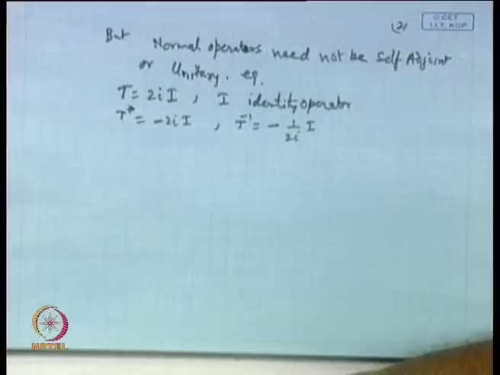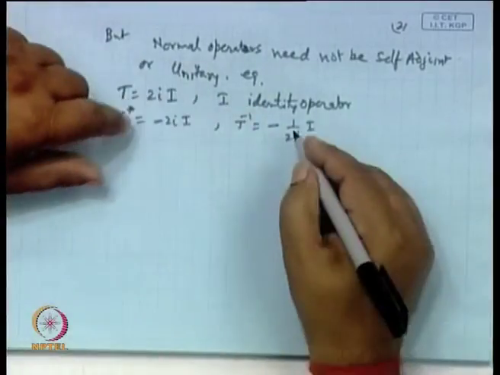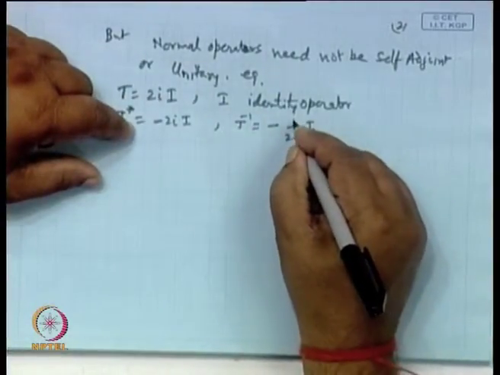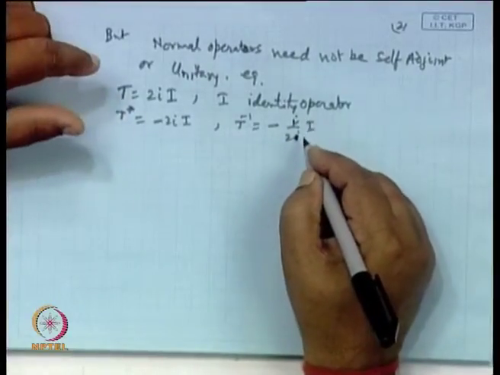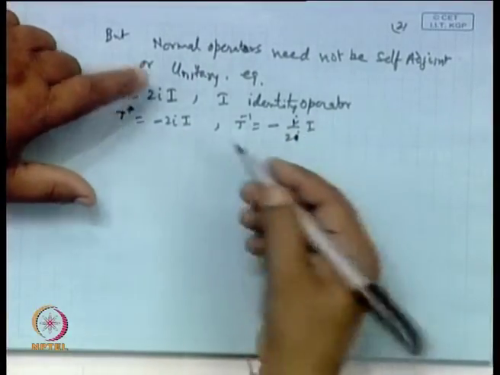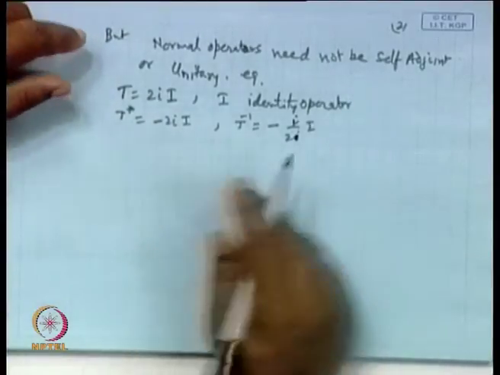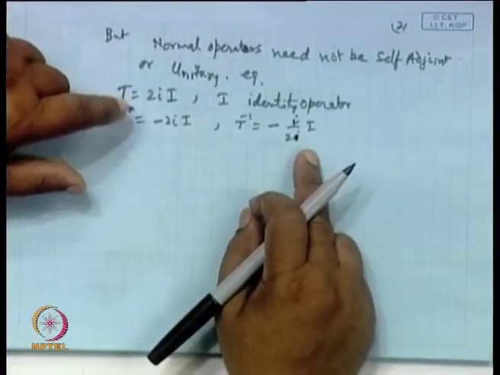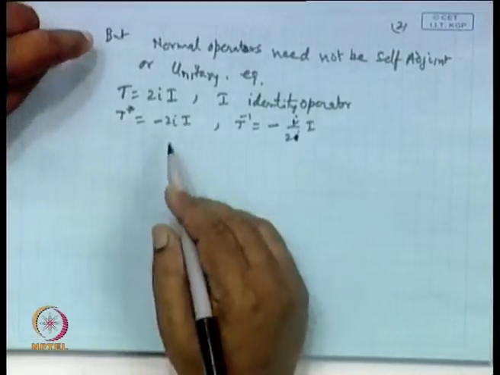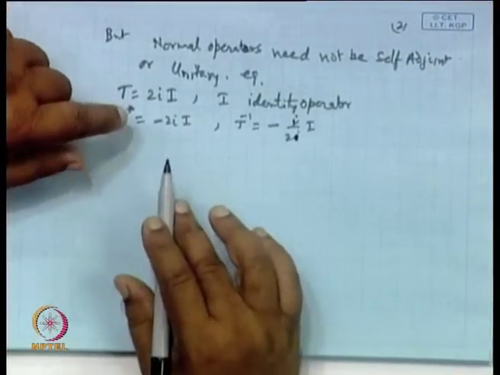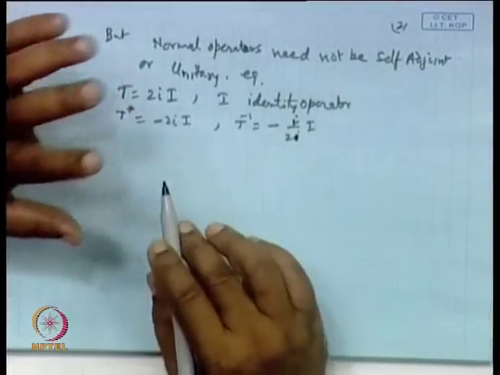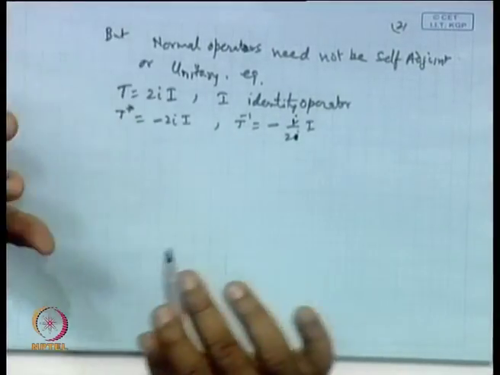Then i square is minus 1 and the 2 cancels. So, T star and T inverse are the same, and it is easy to verify that this operator is a normal operator, but neither self-adjoint nor unitary.